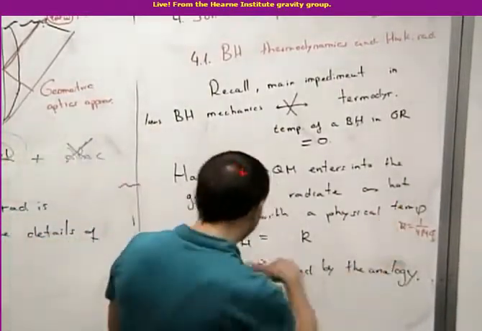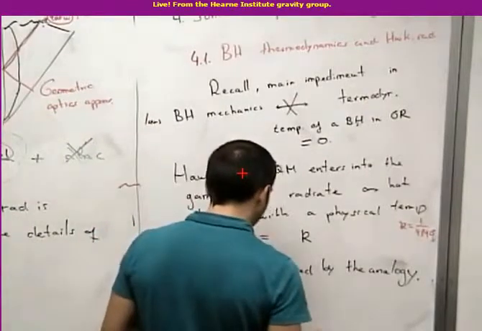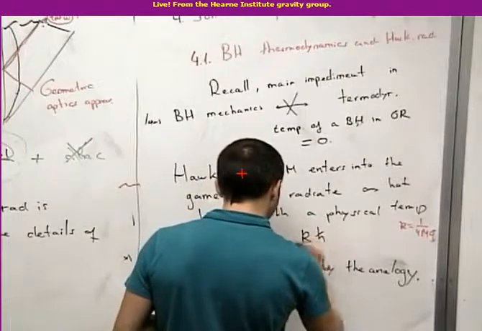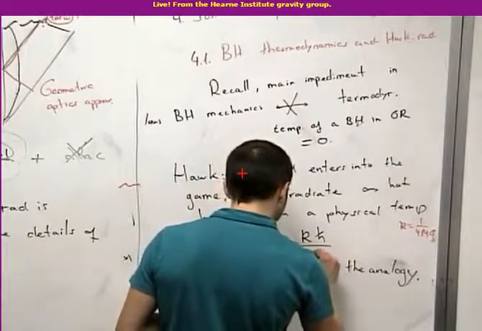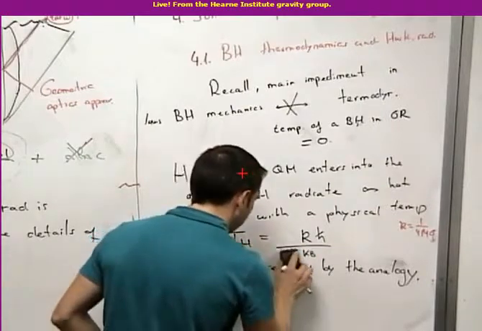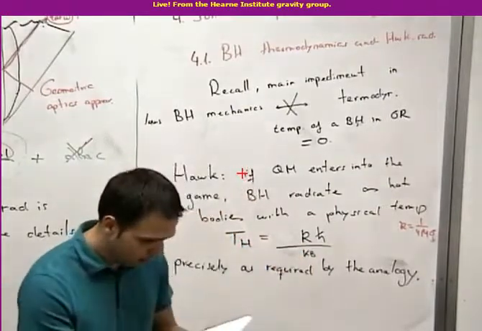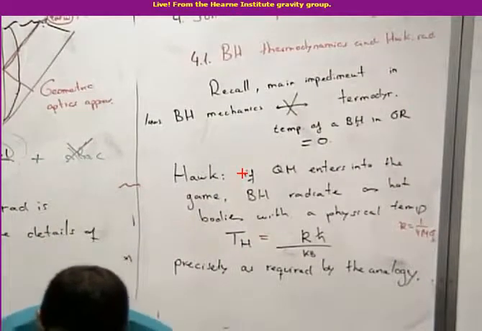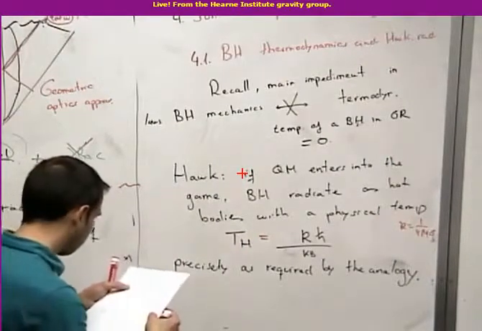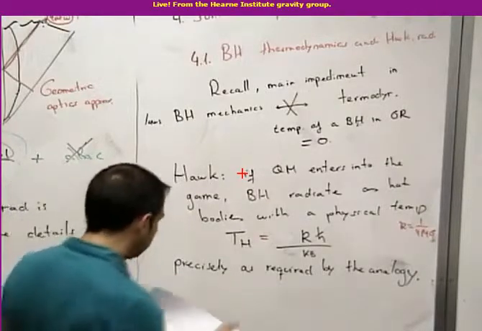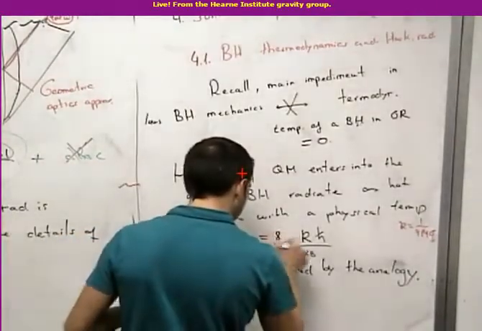I don't have it today, but we have written it before. h bar divided by Boltzmann constant, the mass of the black hole. Sorry, no, not the mass of the black hole. I need to see the factors. 8 pi G kB in the denominator.